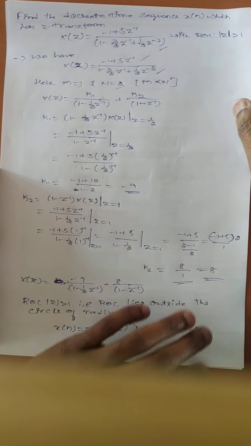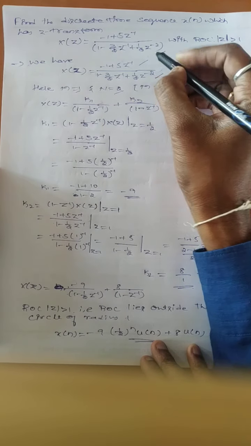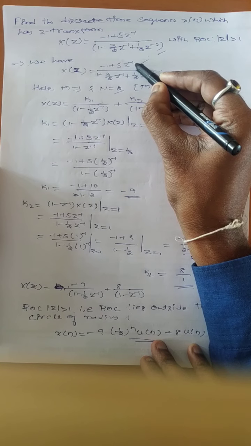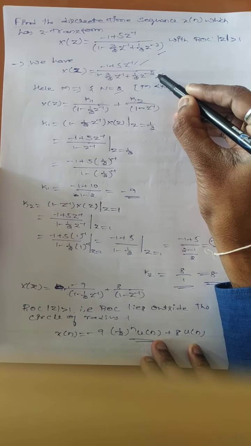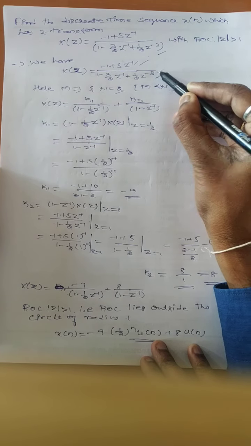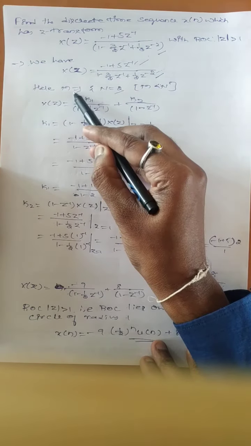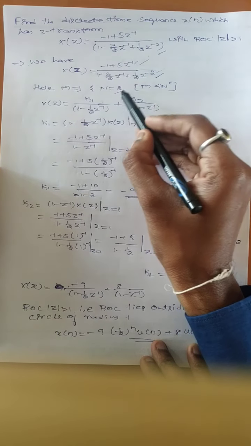Look at the numerator and the denominator. First you check the highest power in the numerator. The highest power is 1, and the highest power in the denominator is 2. So m is equal to 1 and n is equal to 2.